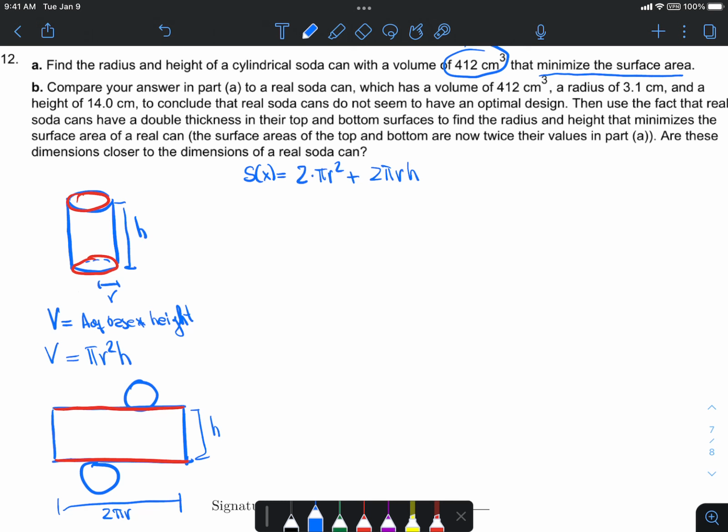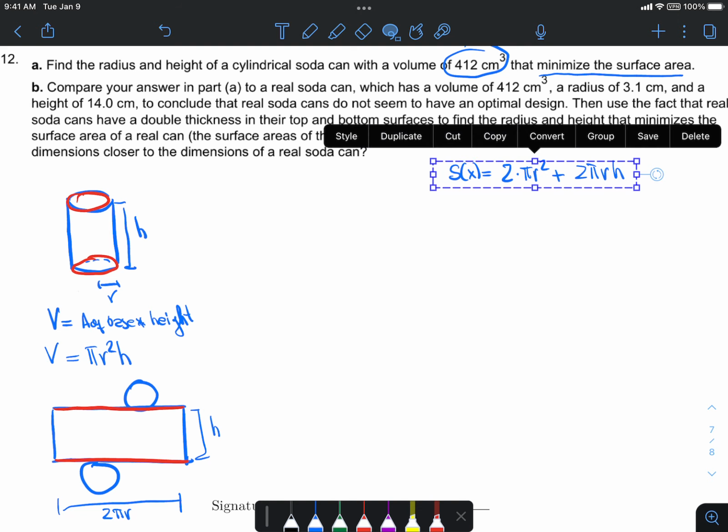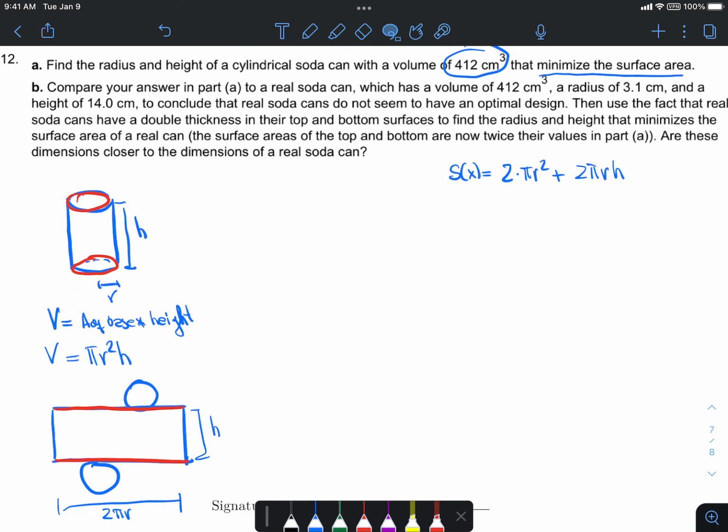The only problem I have is that this is S of x, and I want to make it S of r instead. So that means I don't want to have h in here. So how do I get rid of this h?